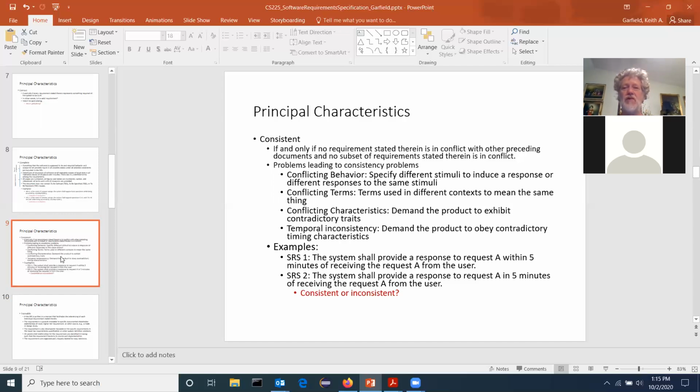Once you start to get that many requirements, you may make inconsistent requirements. I can meet requirement 5, but the only way to meet it is to not meet requirement 12. So they all need to play together. And your terminology needs to be consistent.